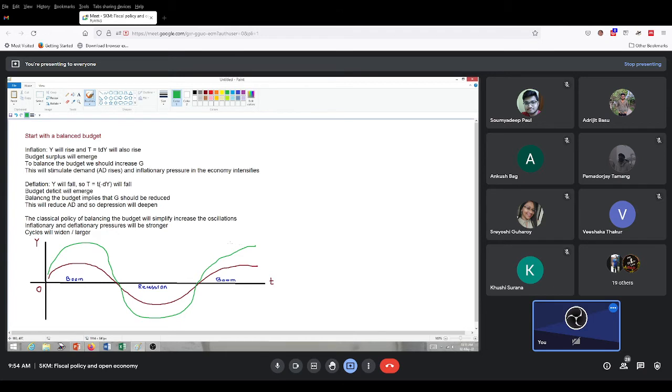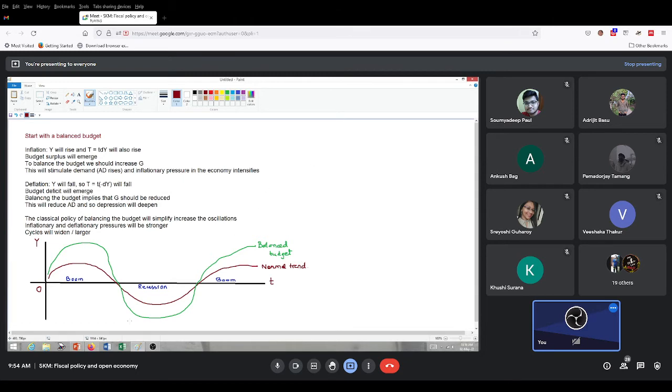So this is the case if you balance the budget, and this is the normal trend. Do you understand this? Yes, sir.